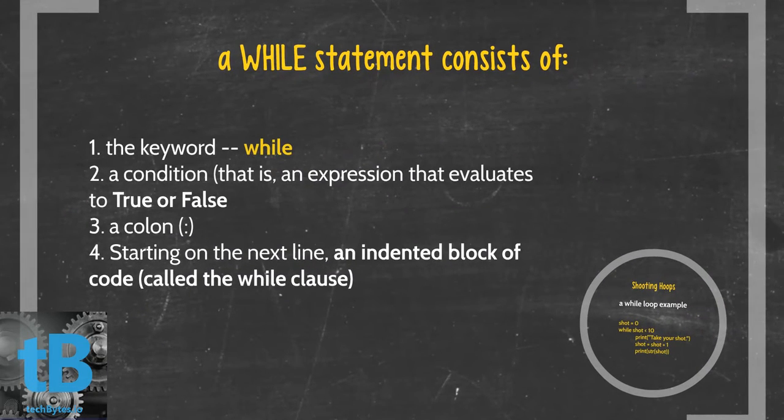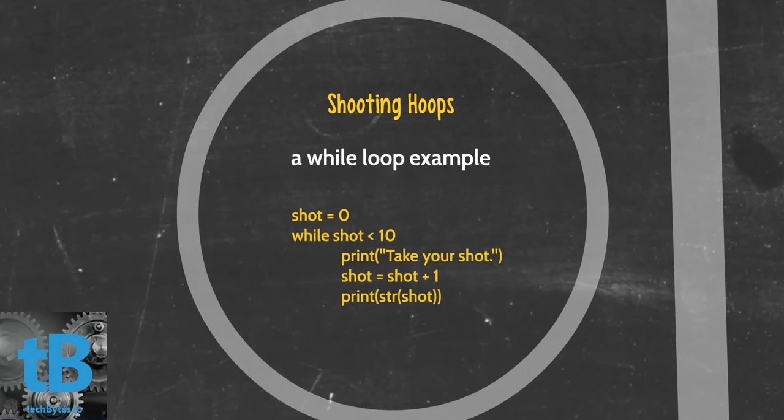A while statement consists of the keyword while, a condition that evaluates to true or false, and then an indented block of code that we call the while clause. For example, in this shooting hoops example, you can see we're starting out with a variable, assigning the value of 0 to it, but that follows with a while loop: while shot is less than 10.